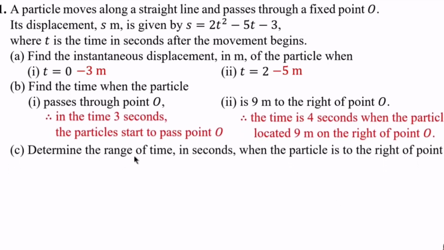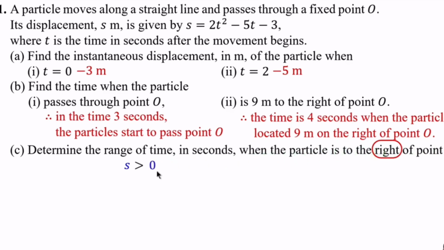Okay, so let's proceed to see when the particle is at the right of the fixed point. It means the s must be more than 0. So when the s is more than 0, we have 2t squared minus 5t minus 3 more than 0. It means that we need to solve the quadratic inequality, right?